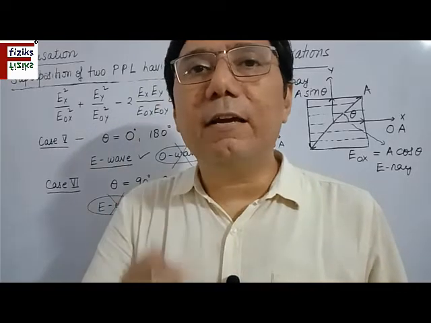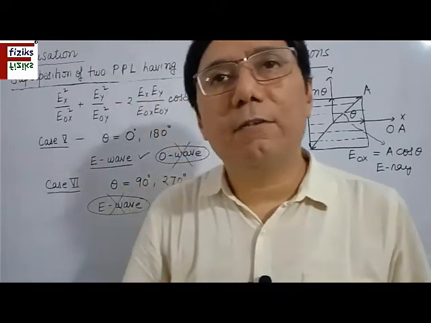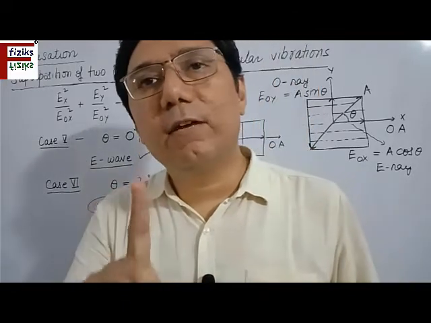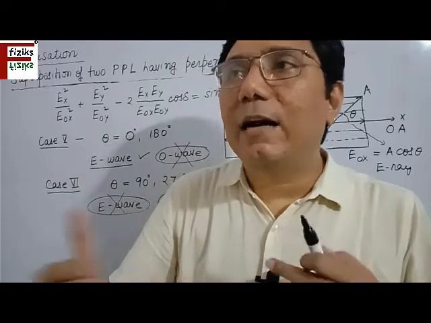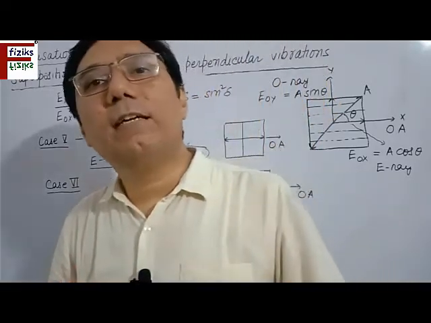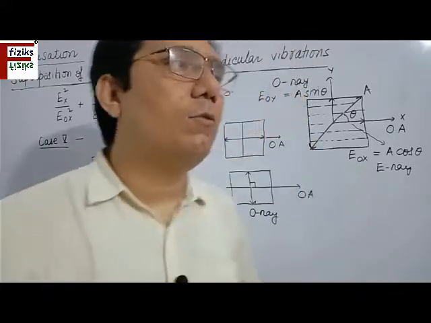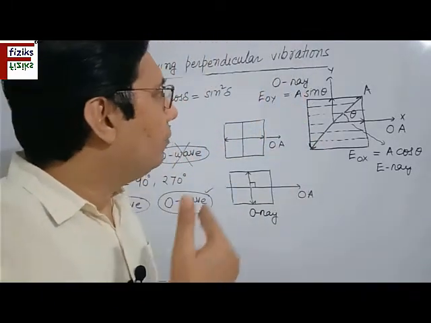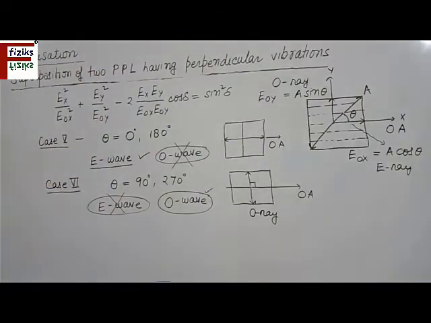Only either E wave or O wave is present. There is no path difference or phase difference between them, so they will propagate as O ray or E ray, and on the emergent side we will have the same plane polarized light.